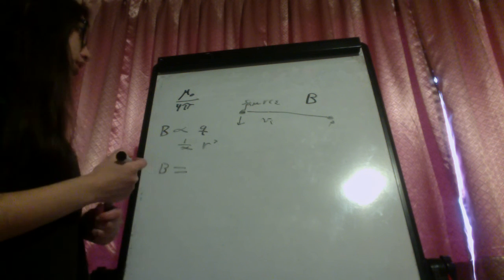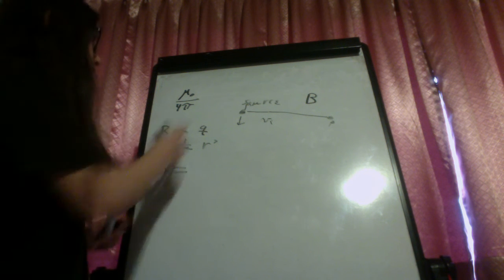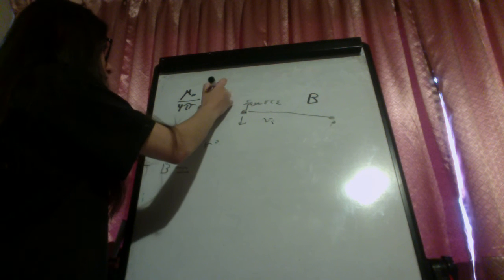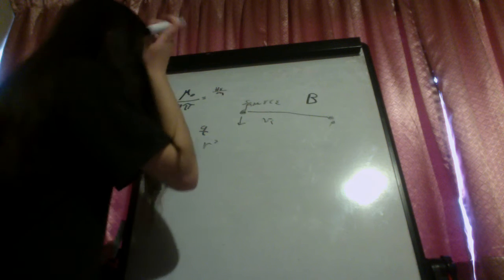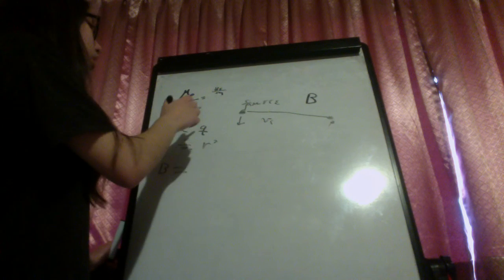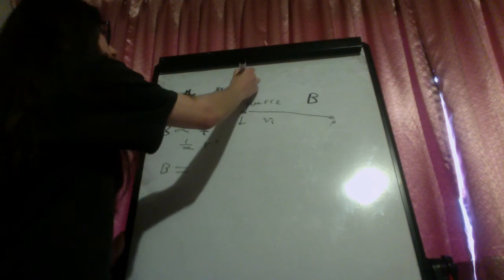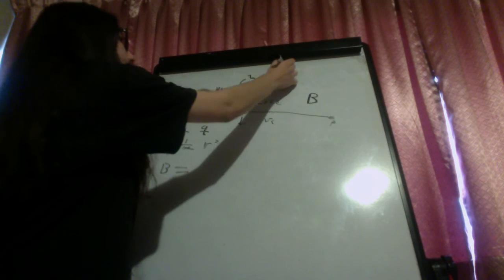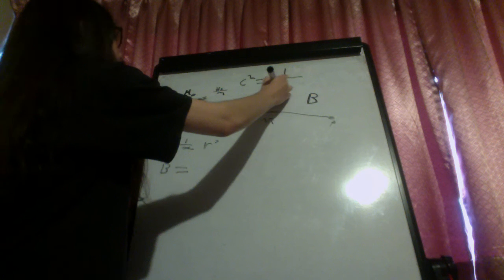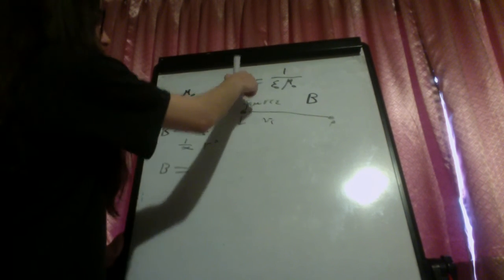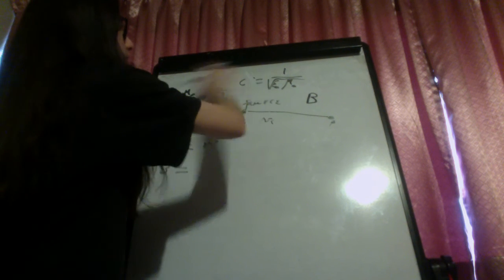Mu naught is in units of henry per meter. Also remember, and we will discuss this later, that the square of the speed of light is equal to 1 divided by epsilon naught mu naught, or c is equal to the square root of this.